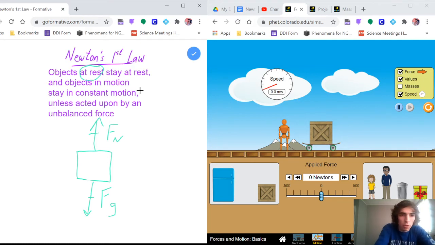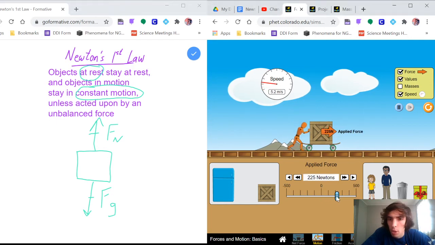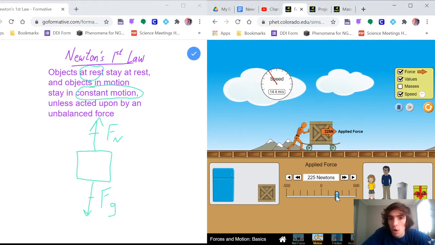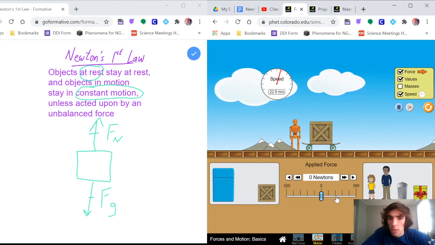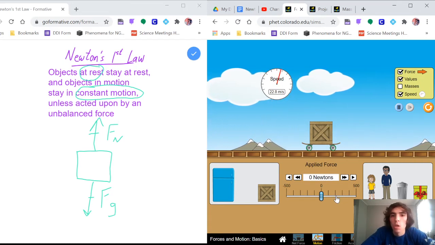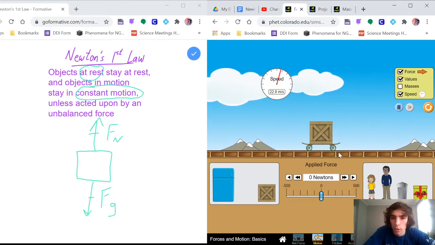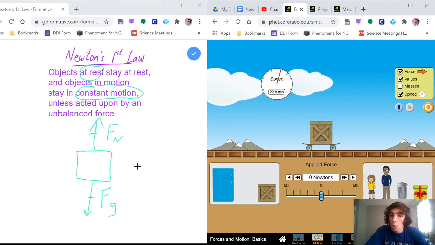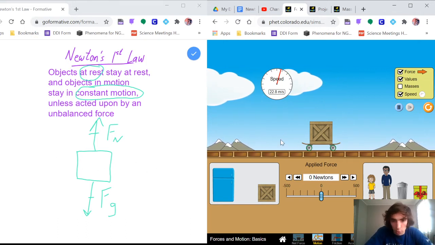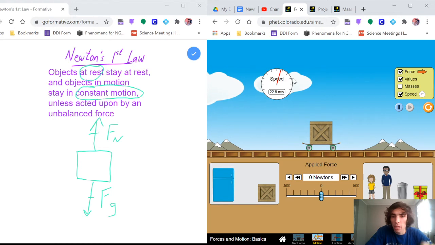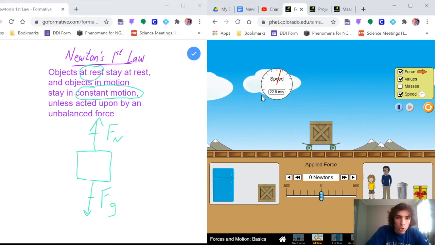Now for the second part of this, objects in motion will stay in constant motion. Let's see that here in this familiar situation. If we exert a force pushing this to the right, we can see that while we're exerting this force, the object is speeding up. But once we stop exerting that force, there's no applied force anymore by this little mannequin person, but the object is still in motion.